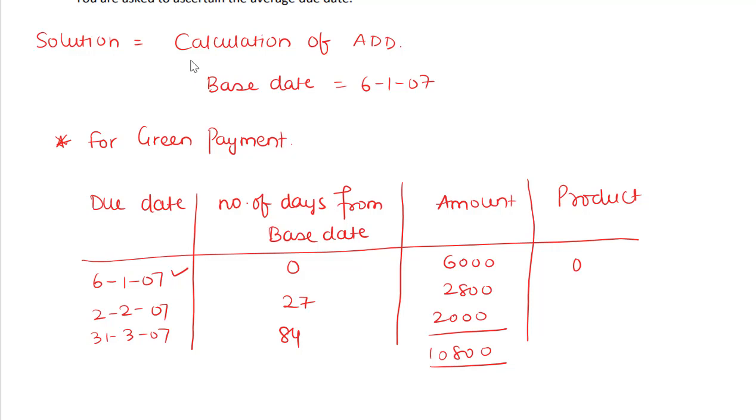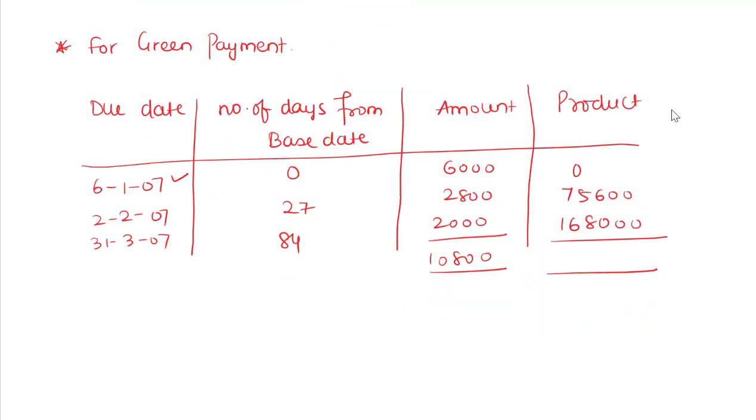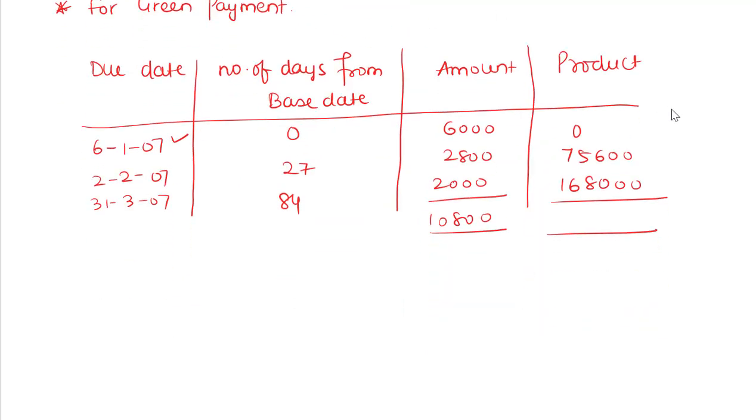Product: 0, 27 multiplied by 2,800 is 75,600, 84 multiplied by 2,000 is 1,68,000. Total of product is 2,43,600. This is for Green payment.